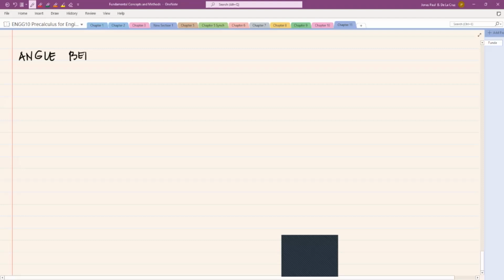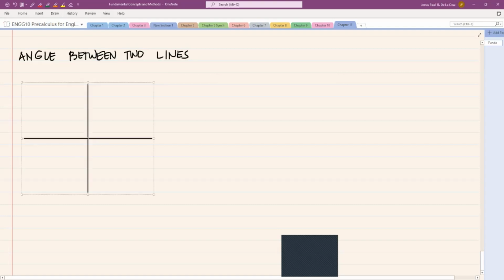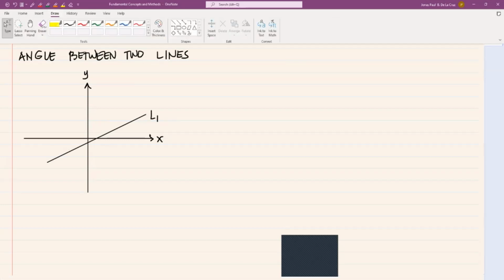Angle between two lines. Suppose meron tayong ano dito, X and Y. And then meron tayong line L1. And this is line L1.